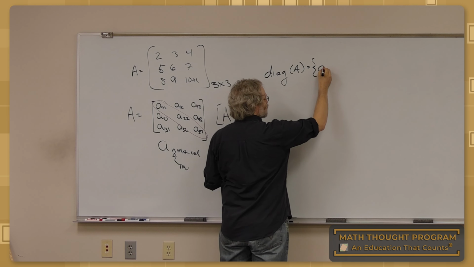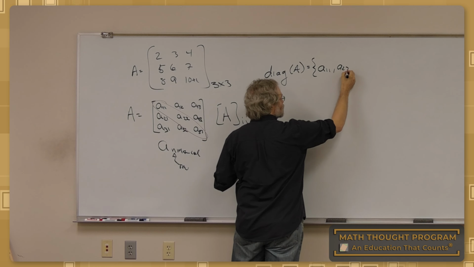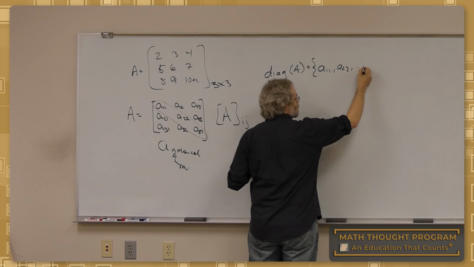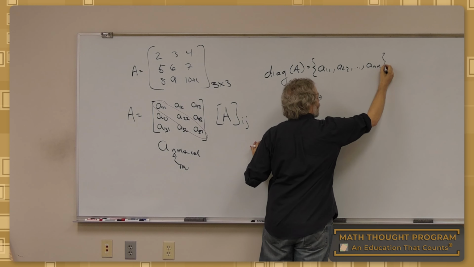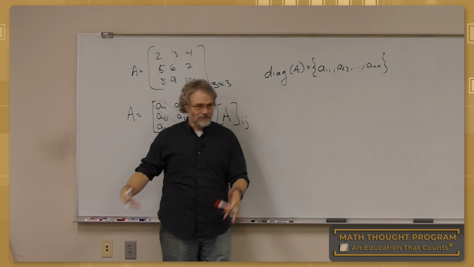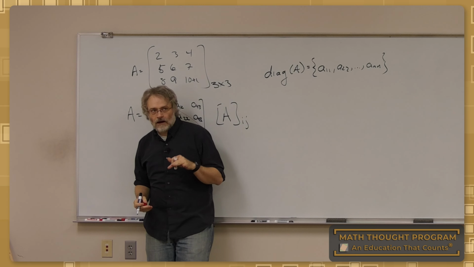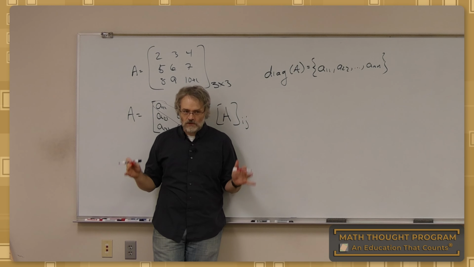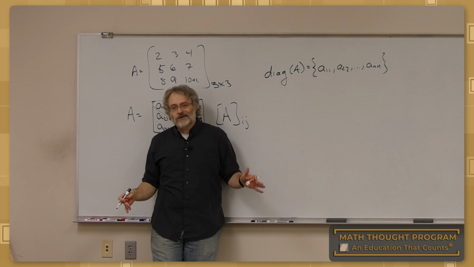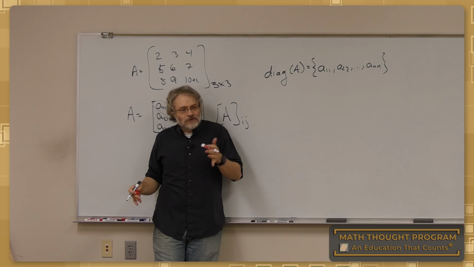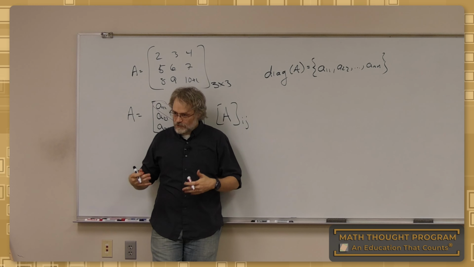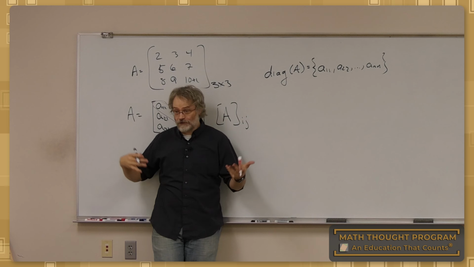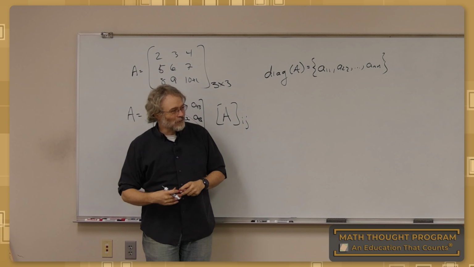And this is just going to refer to a11, a22, dot, dot, dot, all the way up to a_nn if I'm talking about a size n matrix. I usually don't want to talk about the diagonal entries if it's not a square matrix. I could, but a lot of times we are focusing on square matrices, as we'll see as we keep venturing further and further down this rabbit hole that we're going down.